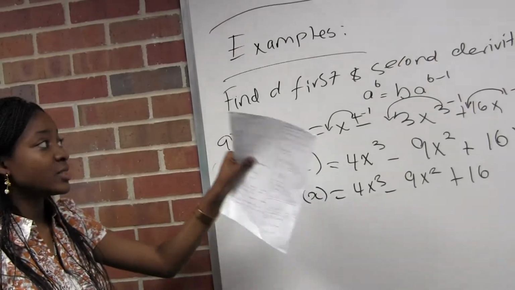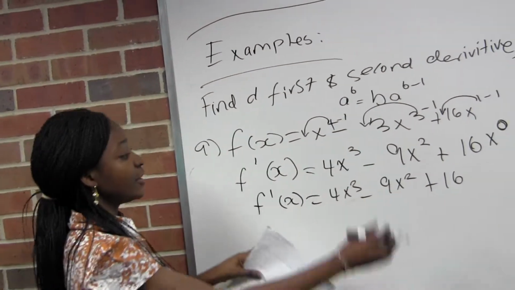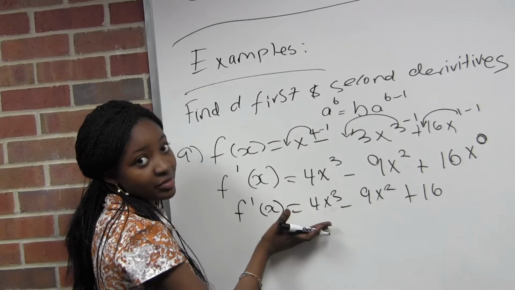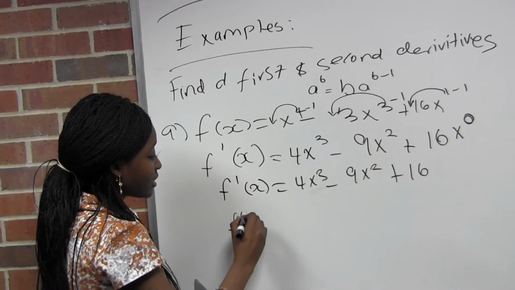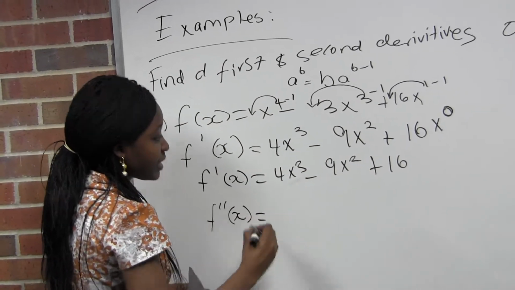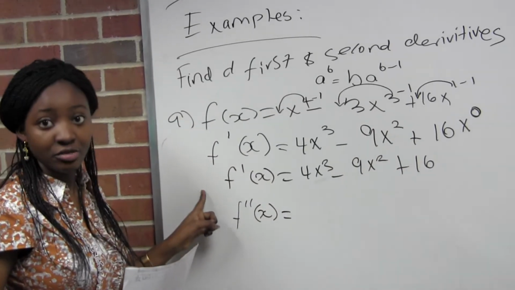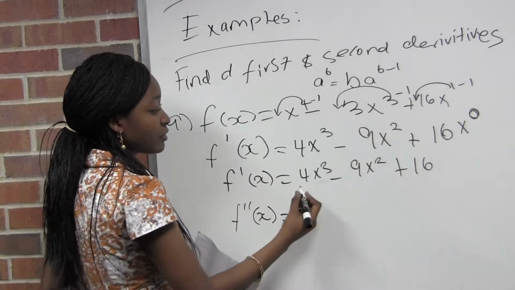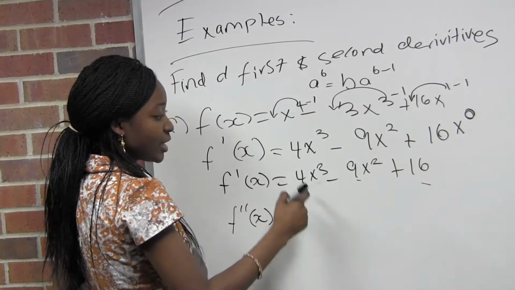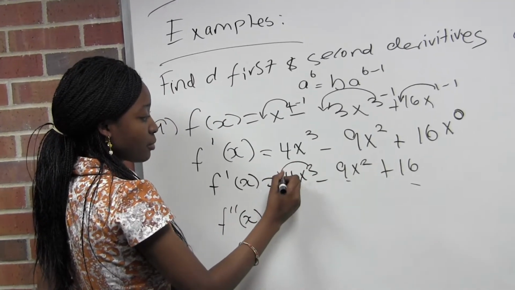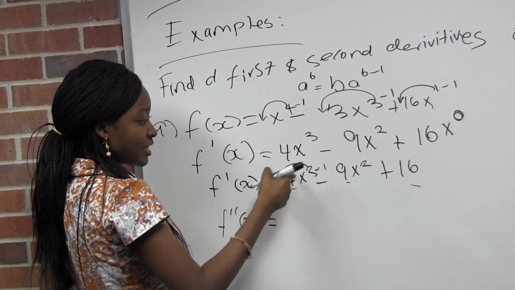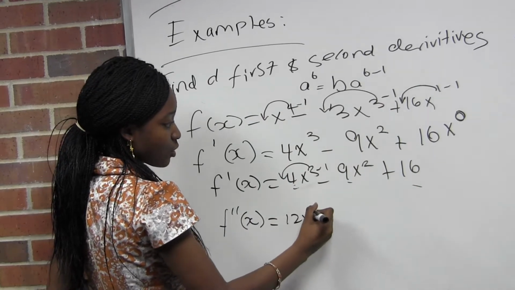Now, in order to find the second derivative, I'm going to have to find the derivative of my first derivative. So my second derivative is taking the derivative of the first derivative. That means I'm going to find the derivative of each term. I'm going to have 3 coming down and minus 1, so 3 times 4 gives me 12 and I have x squared.